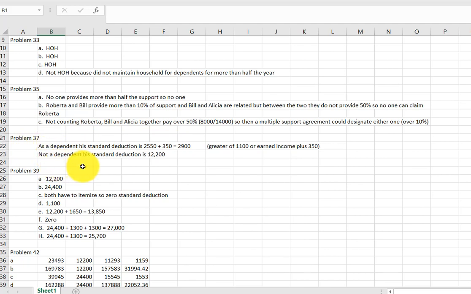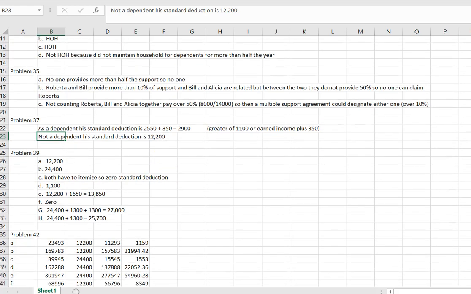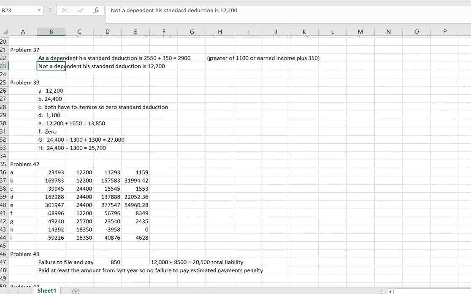Now, by the way, if he was blind or over 65, any of those would be added to that $2,900. But that wasn't the case here. Just put that in the back of your mind in case that comes up. And if he was not a dependent of someone else, does not qualify as a dependent of someone else, then it's just the single $12,200 normal standard deduction.